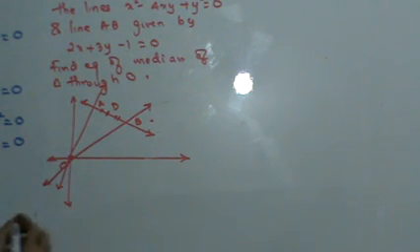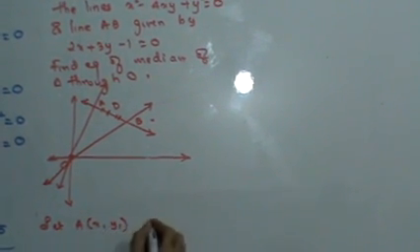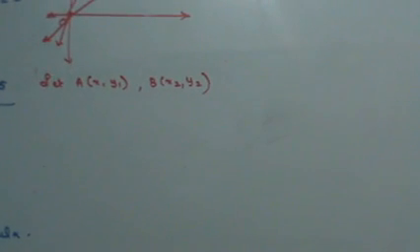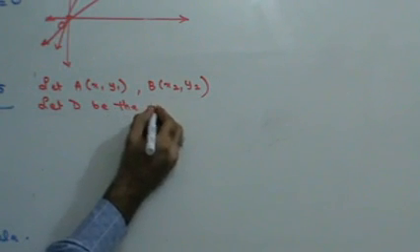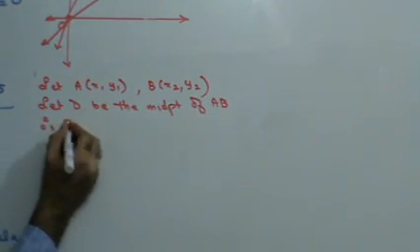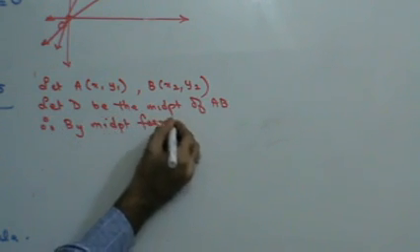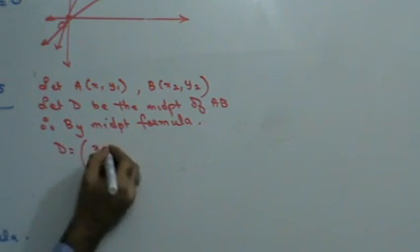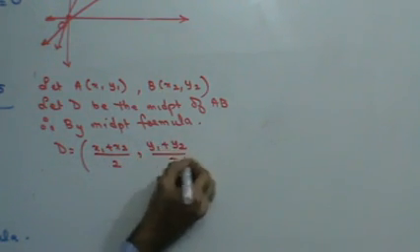Now, let us assume that A has coordinates x1, y1, B has coordinates x2, y2. Fine, do we get this thing clear? Let D be the midpoint of AB. Therefore, by midpoint formula, the coordinates of D will be (x1 plus x2) upon 2, comma (y1 plus y2) upon 2.